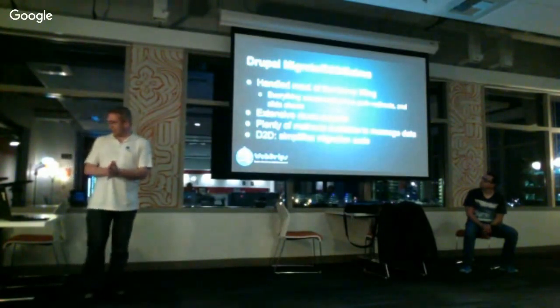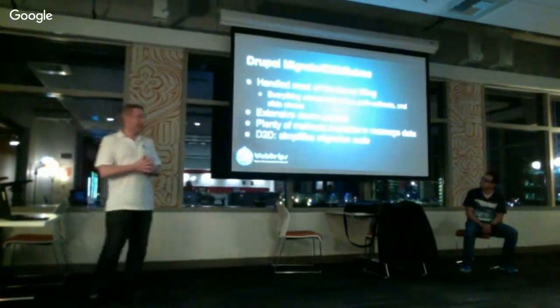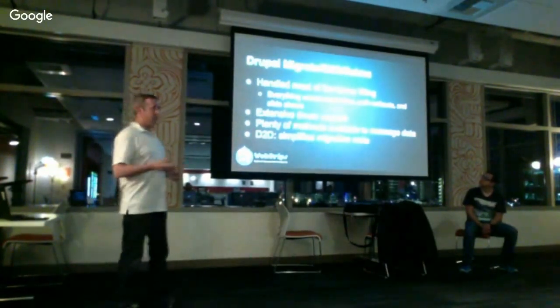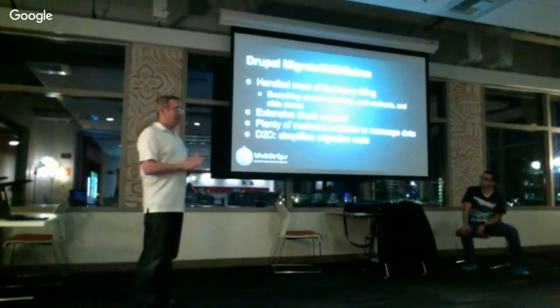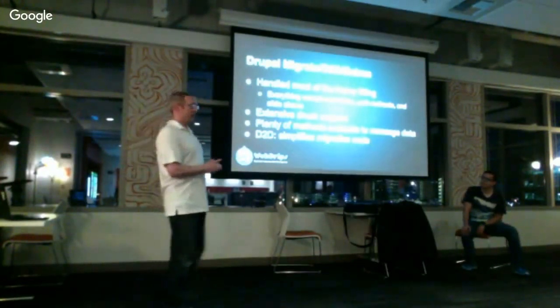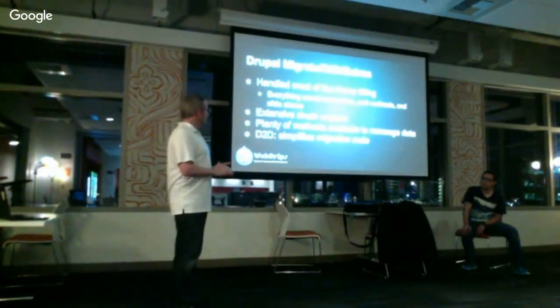Migrate and Migrate D2D and Migrate Extras handled most of the heavy lifting, probably about 99% of what we wound up migrating. But again, the menu links and path redirects had to be imported.